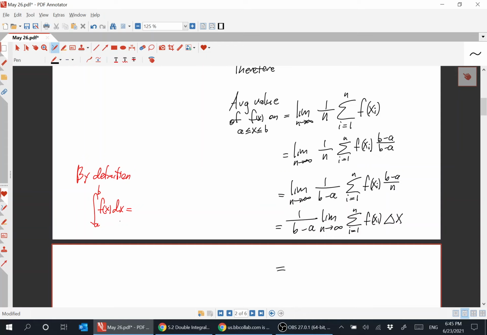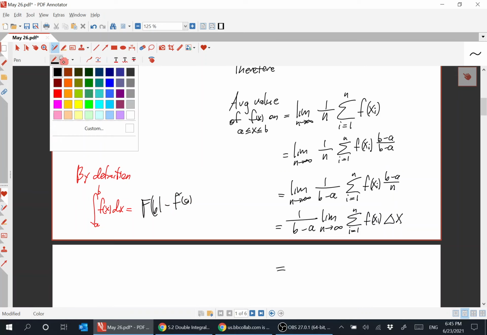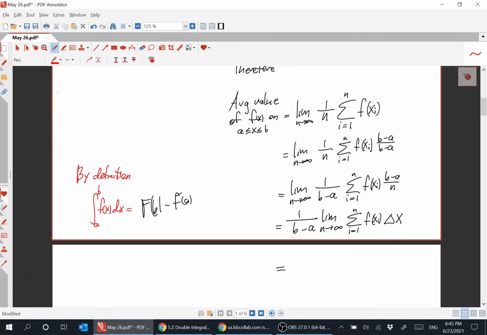Not the fundamental theorem of calculus, not F of b minus F of a, where capital F is an antiderivative of little f. That's the fundamental theorem of calculus. It's not the definition of the integral. The definition of the integral is what?